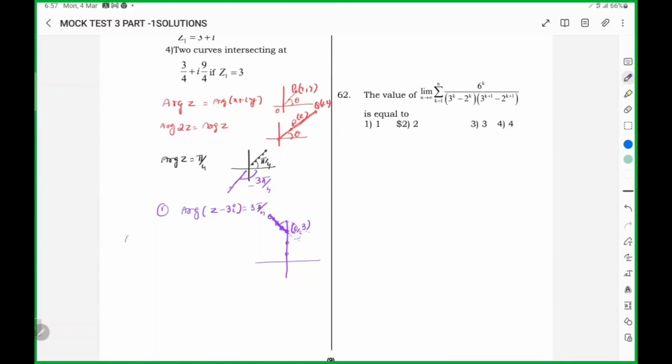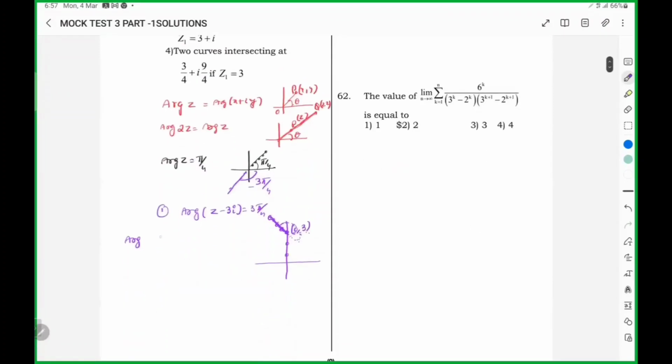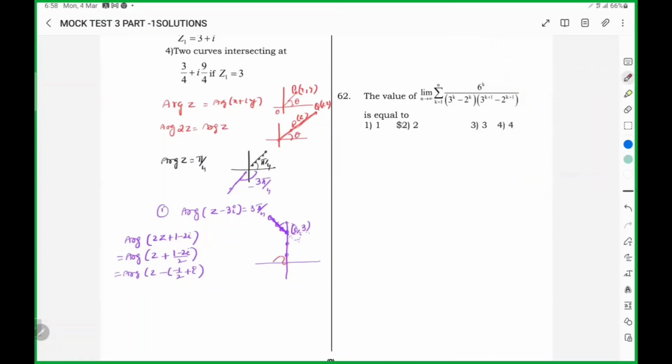And another one, argument of 2z plus 1 minus 2i, which is the same as z plus 1 minus 2i by 2, that is z minus minus half plus i. Where is minus half comma 1 located? Minus half here, 1 here.